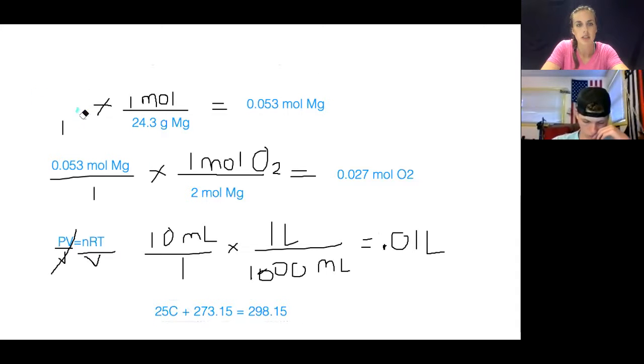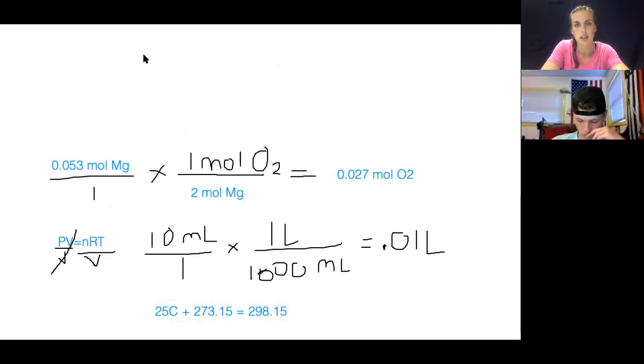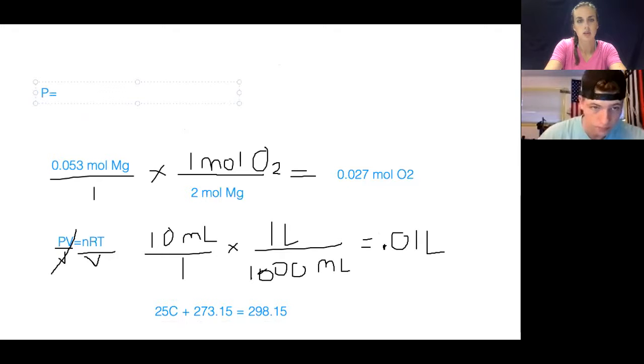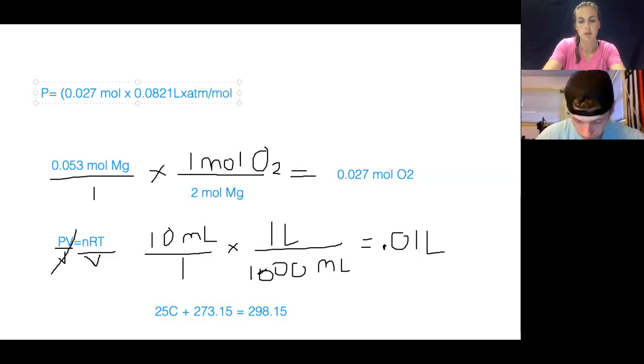Okay, so now I should have everything I need. I'm just going to plug it in this equation right here. So P equals the number of moles, which was 0.027 right there, times R, which is 0.0821 liters times atmospheres divided by moles times Kelvin.